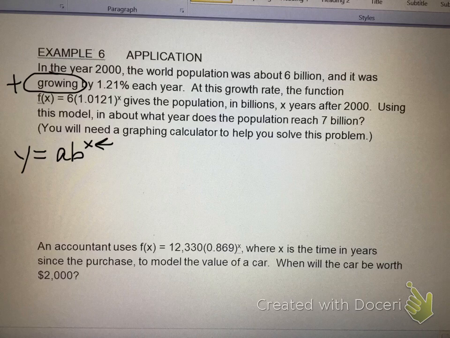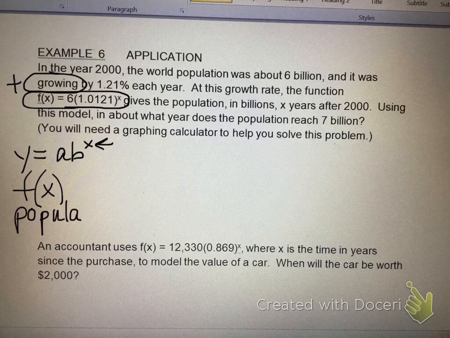Okay, so let's kind of deconstruct this original equation. F of x is population, so it's in billions. If you're looking at the table in your calculator for this equation, f of x, the y, is going to be maybe some decimal numbers like 6.1. That means 6.1 billion. Or 2.3 means 2.3 billion. Not 2.3 people, 2.3 billion people.